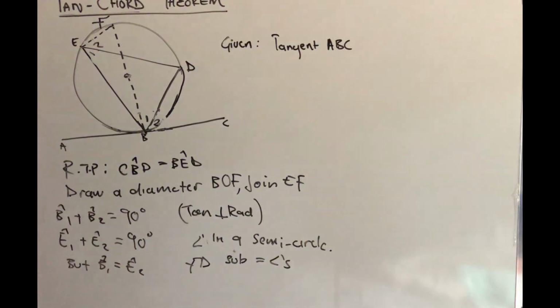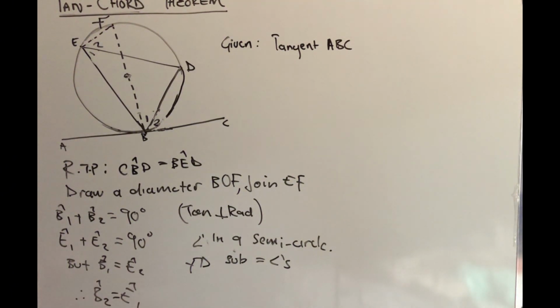If you can just do that maths, you will see it's going to be clear to you. But you don't have to show those steps. You can just write this as it is and say, therefore, angle B2 is equals to angle E1.